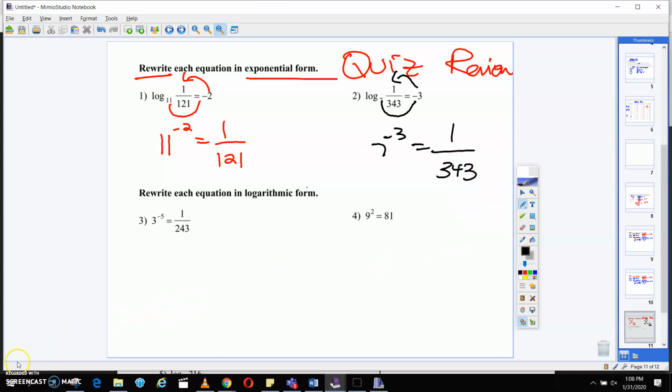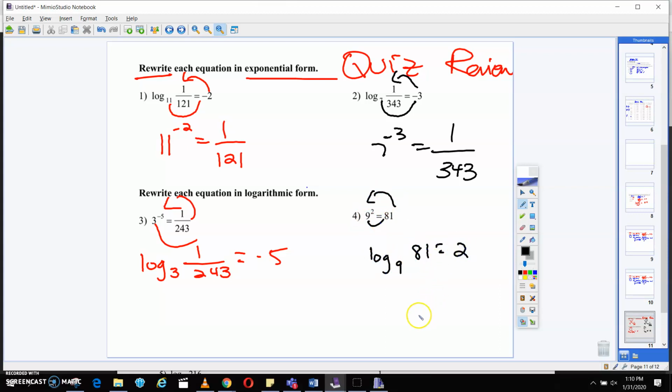Okay? We go in the circle of life, and we're going to say log base 3 of 1 over 243 equals negative 5. I'm going to write this in logarithmic form. I'm going to do the circle of life. I'm going to say log base 9 of 81 equals 2. Boom, done. Okay?